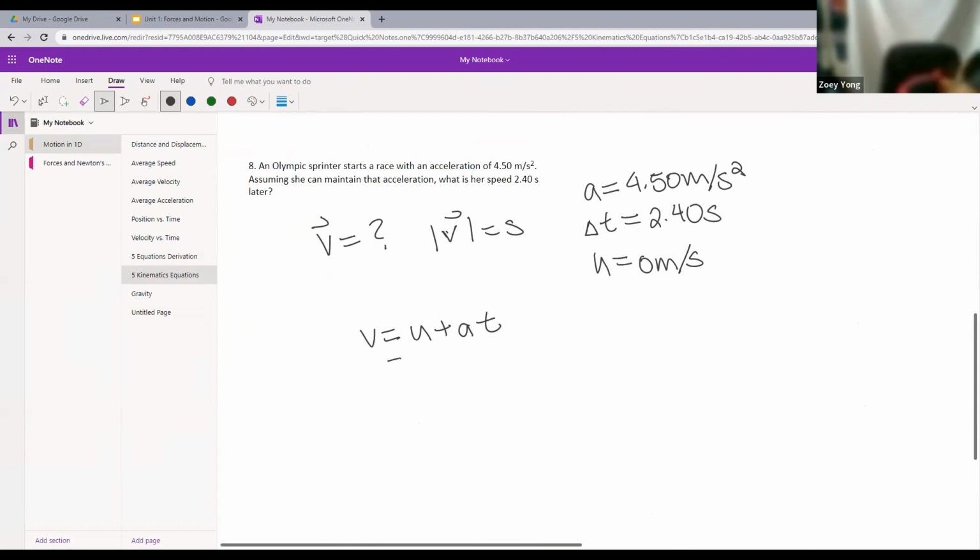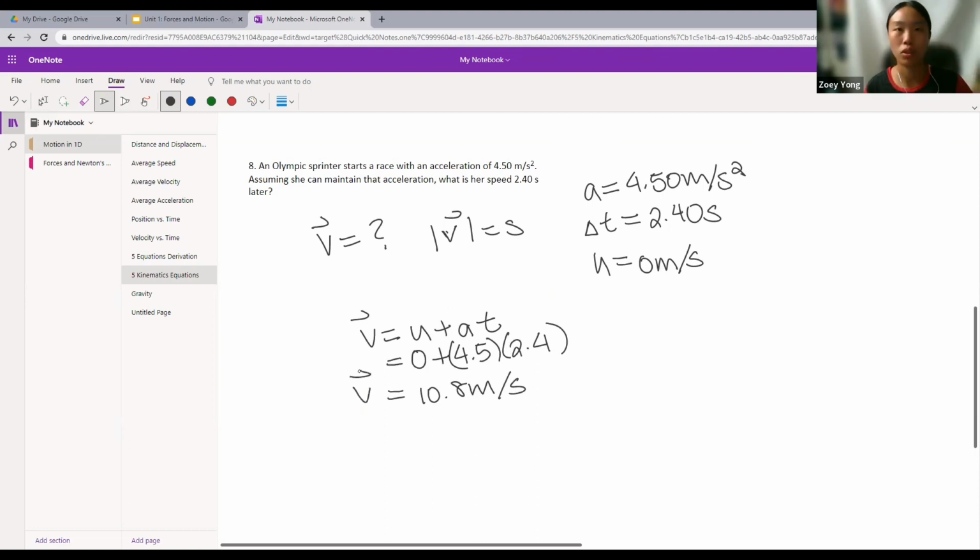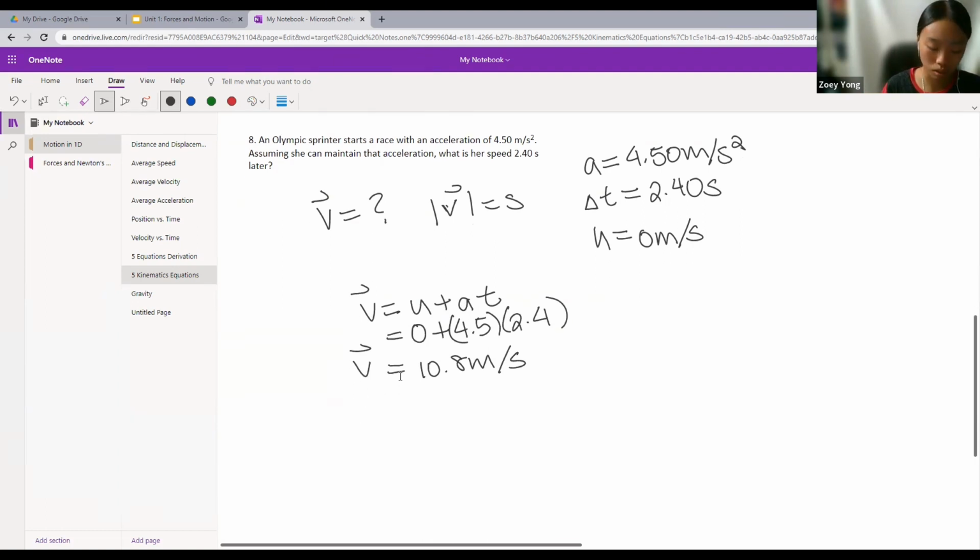Over here, we know u equals 0 plus a, which is 4.5, times t, which is 2.4. You're going to get 10.8 meters per second. And remember, this arrow I'm drawing is just showing that velocity is a vector. But sometimes I don't draw it because people will already know that it's a vector, so they don't need to write it.